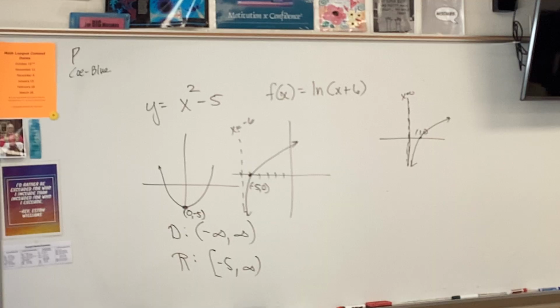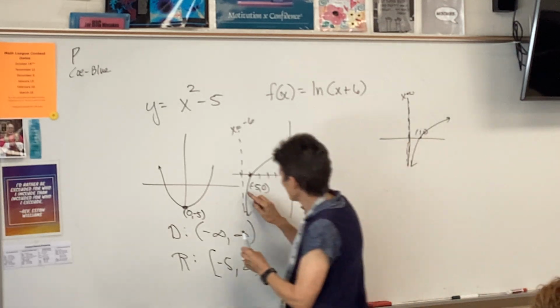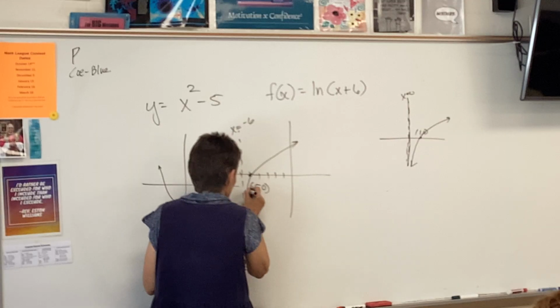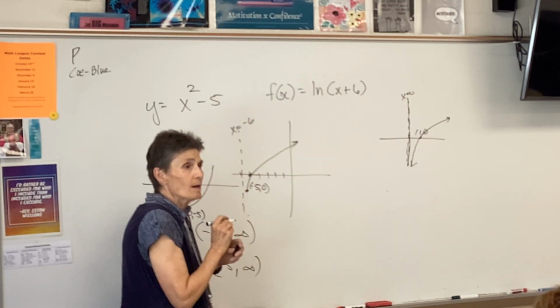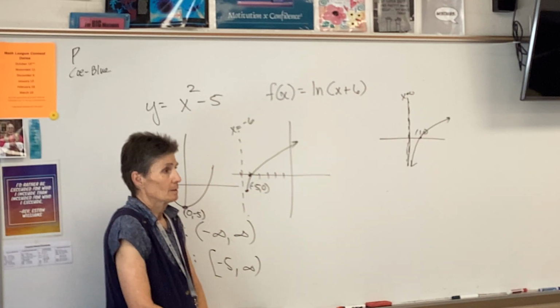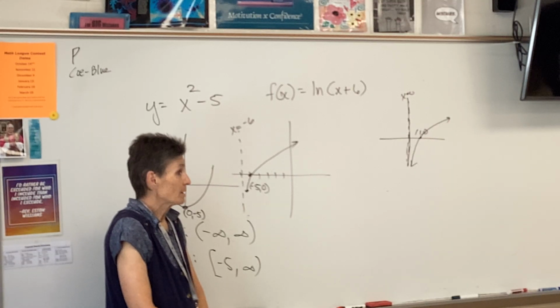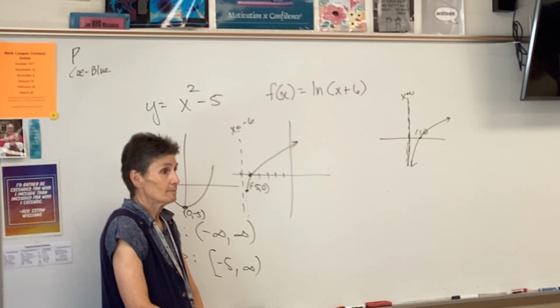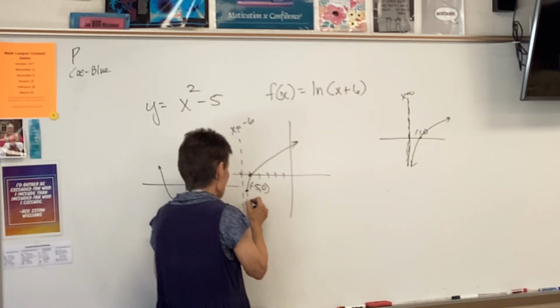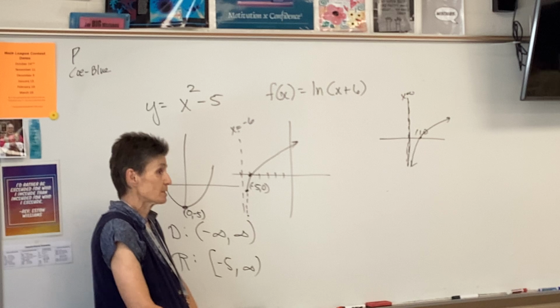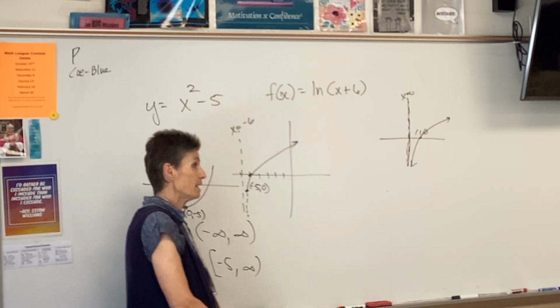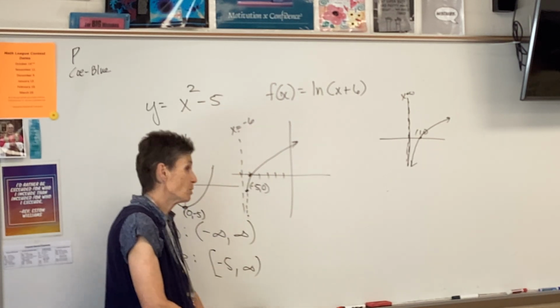How come mine doesn't start there? I don't even see this part down here. Mine looks like it starts right there. Why is that? Because the calculator doesn't show the asymptote. It is indeed going all the way down, you're just not seeing it because it's so close to that asymptote, it's just disappeared.